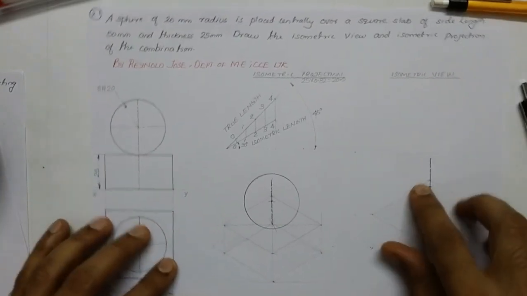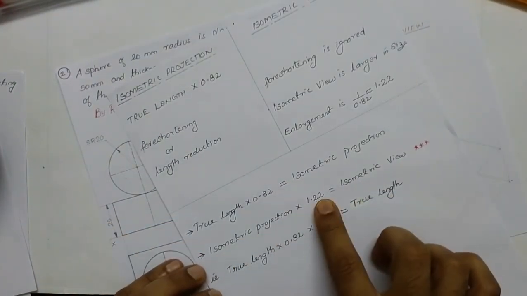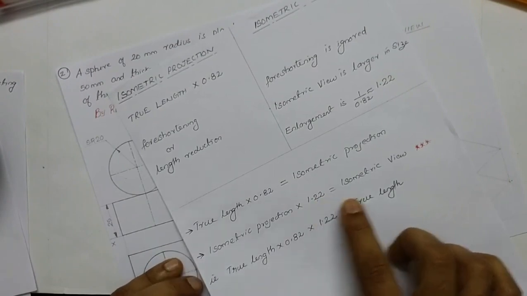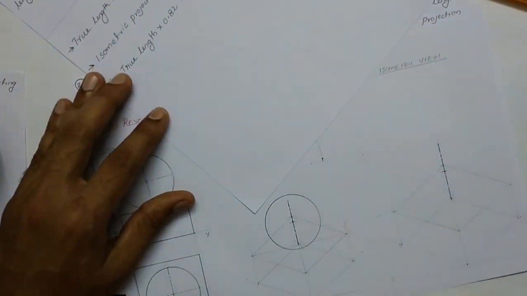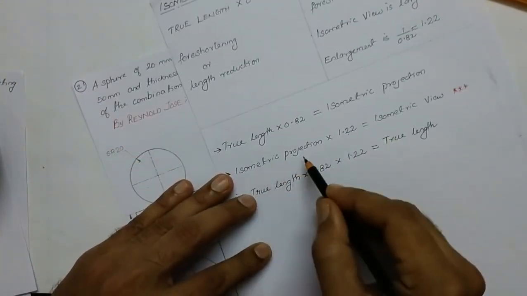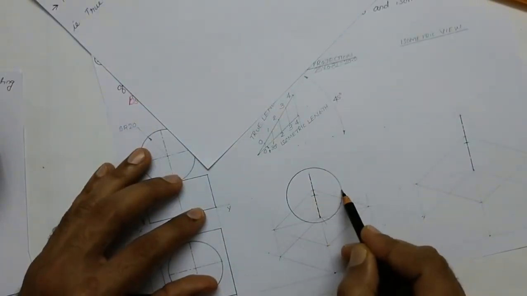So here what happens? In this case, isometric view is equal to isometric projection into 1.22. So in the case of isometric projection of a sphere, the radius of this sphere is 20 here.